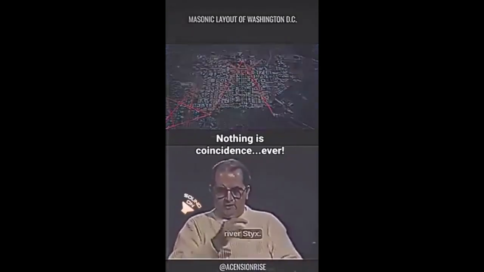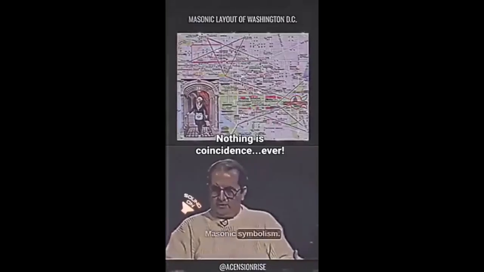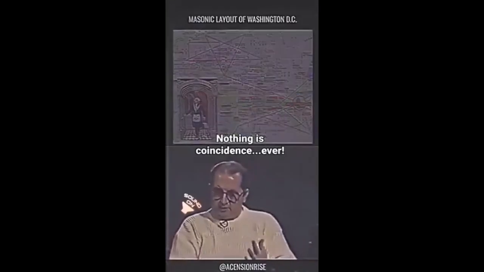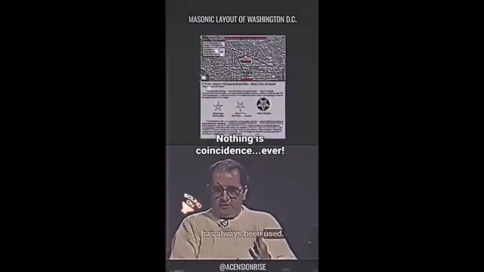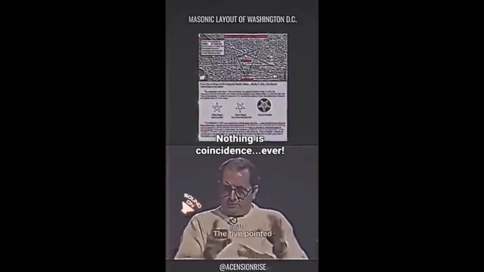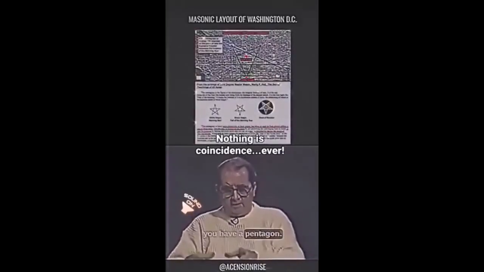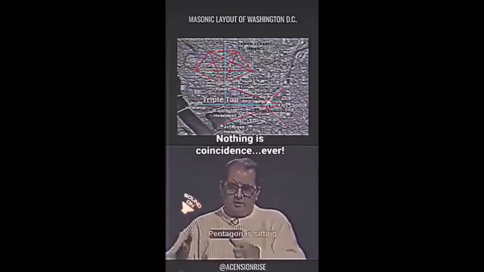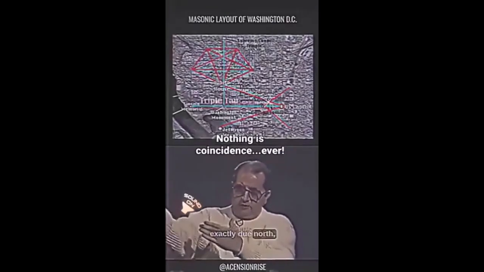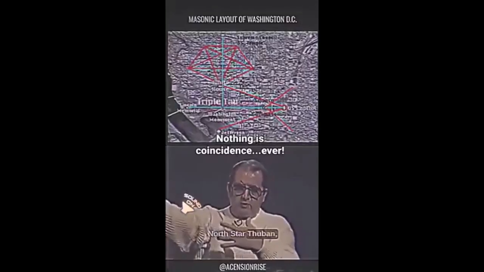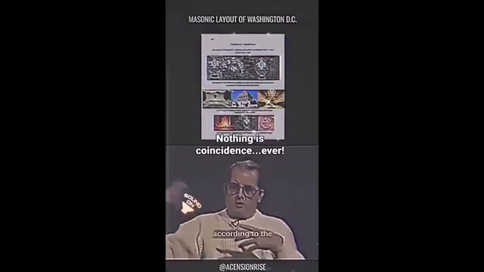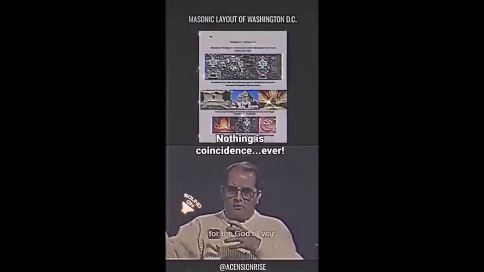It is all laid out in Masonic symbolism, and the five-pointed star, which is a pentagram, has always been used in Satan worship. If you take the arms off of a pentagram, you have a pentagon. And the United States Pentagon is aiming due north at the North Star Thuban, which is drawing power, according to the ancient Egyptians, for the god of war.